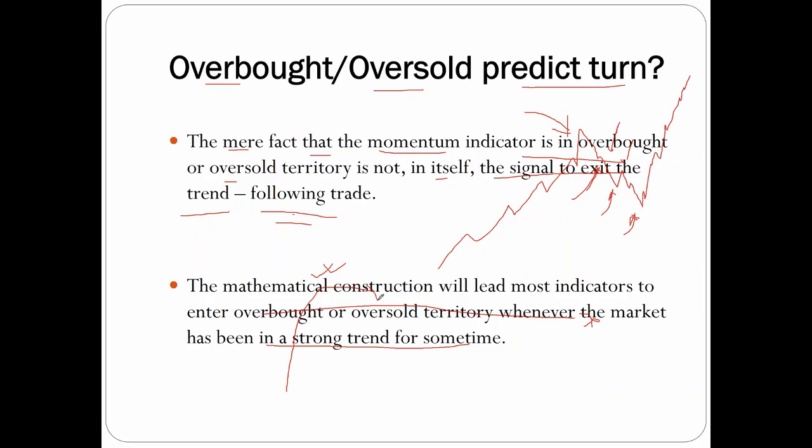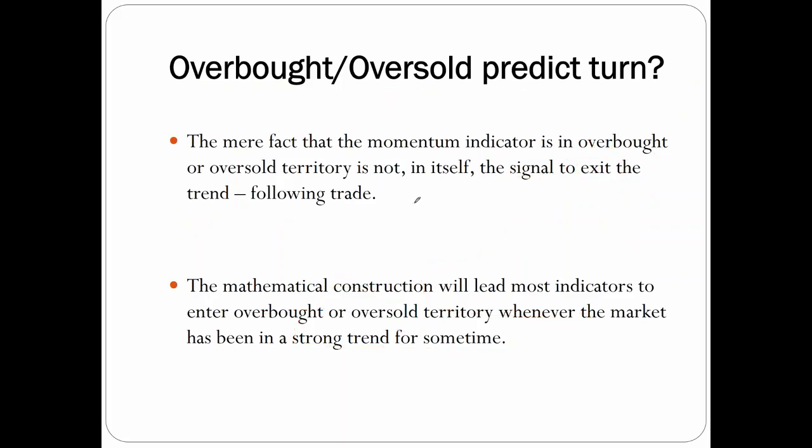So it will move from overbought to maybe the neutral area and the RSI will move up again. So overbought and oversold does not predict a trend change, right? It is not in itself a signal to exit.